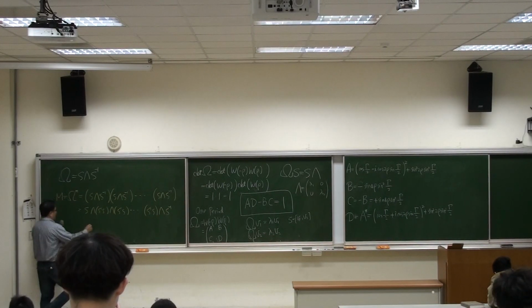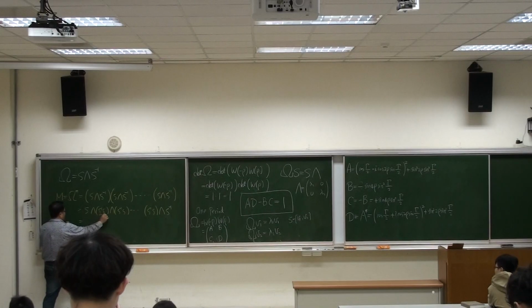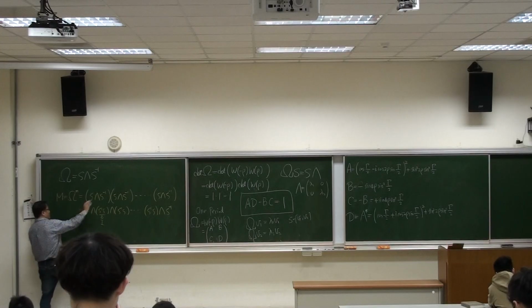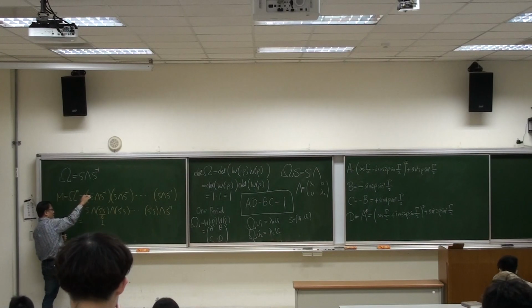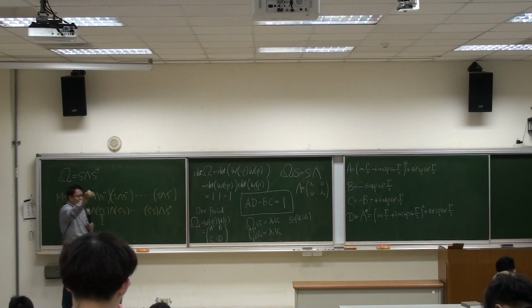So finally, this result is just equal to the unit matrix, and the unit matrix times any matrix gives the original matrix.